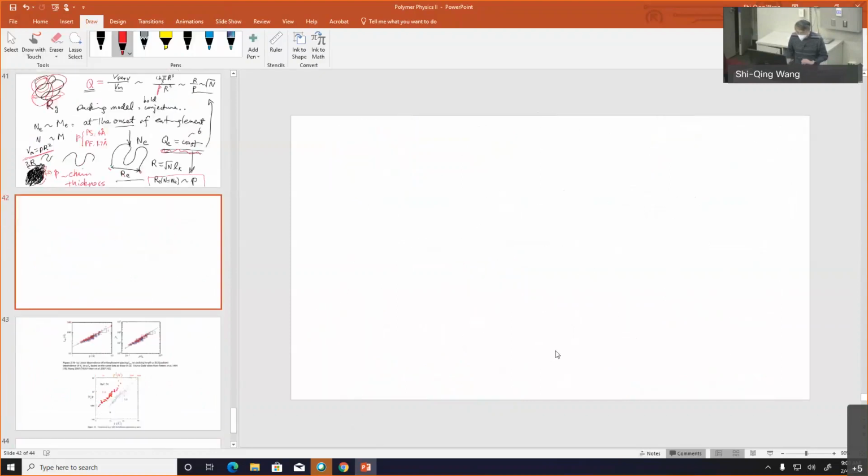What else should I say? If styrene is twice as long, then, I know I use this interchangeably, end-to-end distance is the same as radius of gyration. What does this mean?